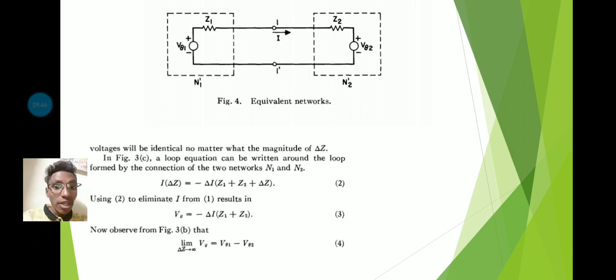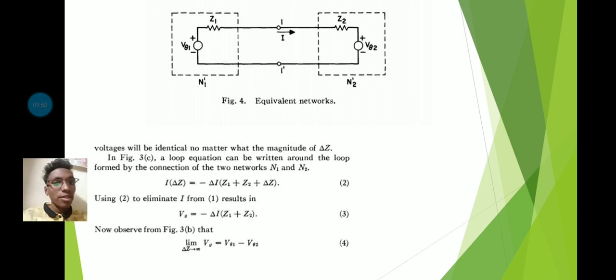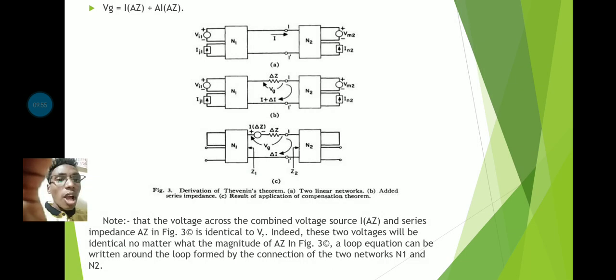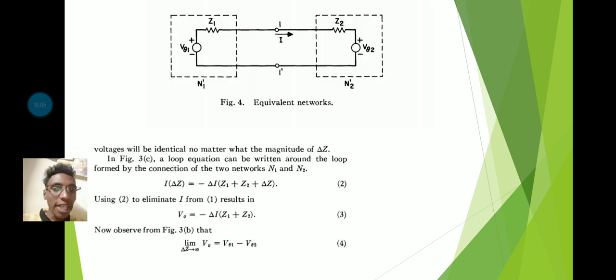Now observe fig 3b, where the voltage and current V2 and I2 are in the upward direction.